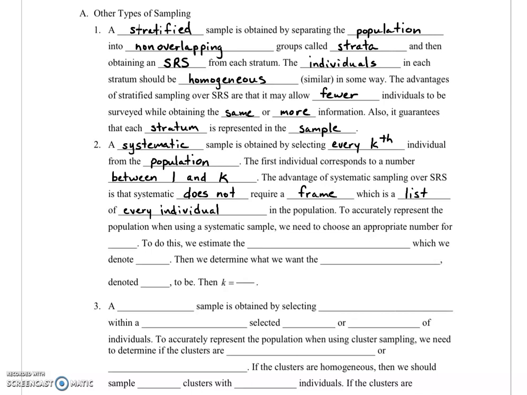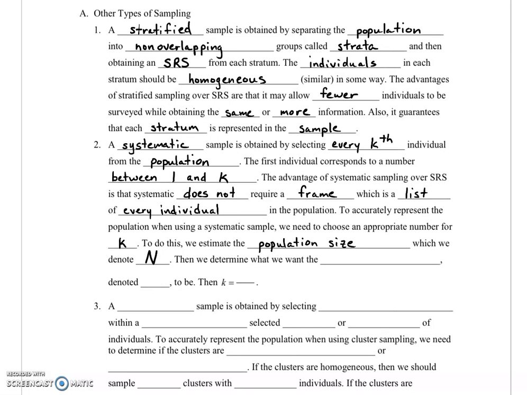To accurately represent the population when we use a systematic sample, you have to pick an appropriate number for k. So how do you decide what k should be? Well, first we estimate the population size. And we use a capital N to represent how many people are in the population.